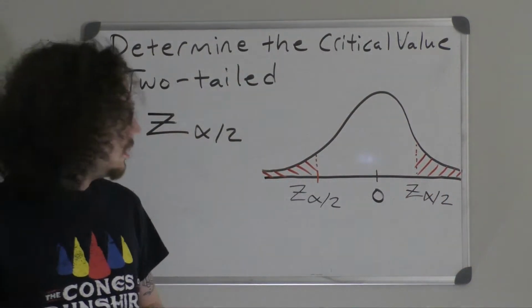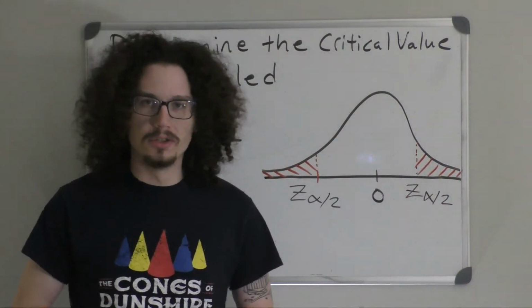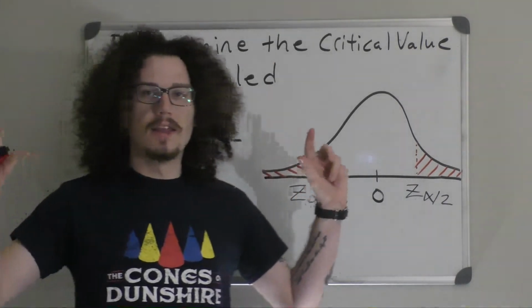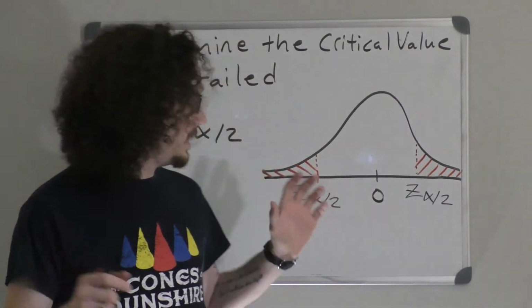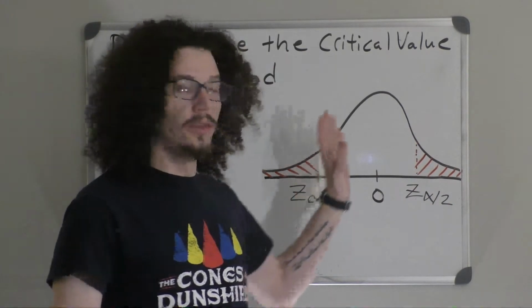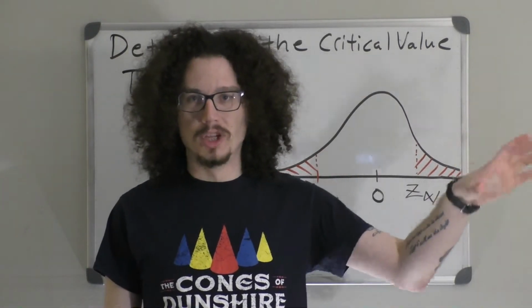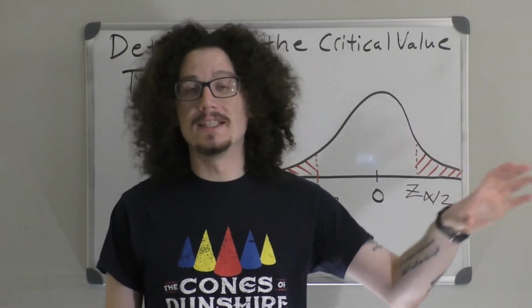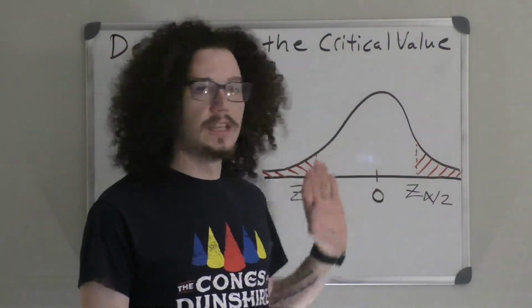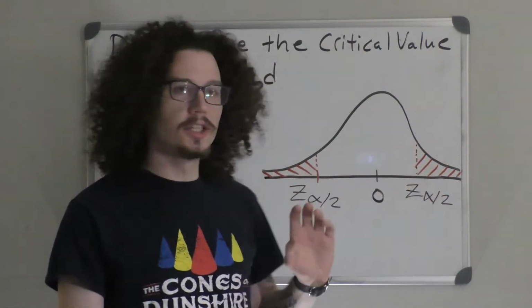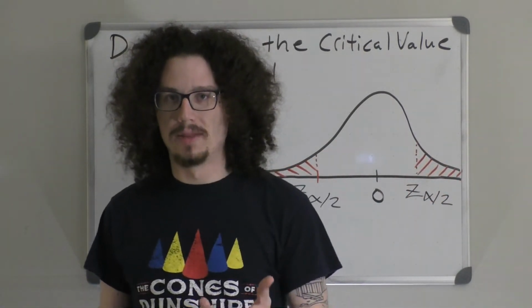As a preview, these rejection regions define the areas in which, if the test statistic, which is the next thing we look at, falls into these regions, we reject the null hypothesis.